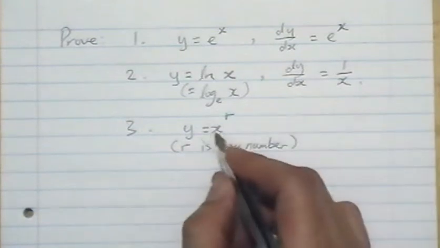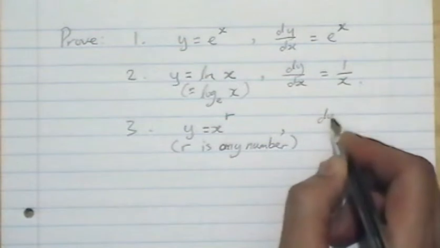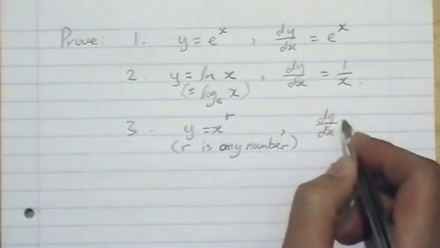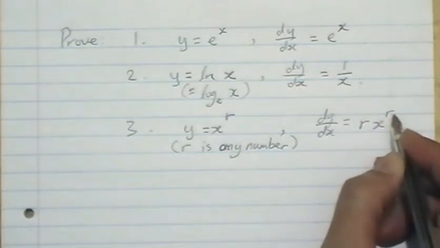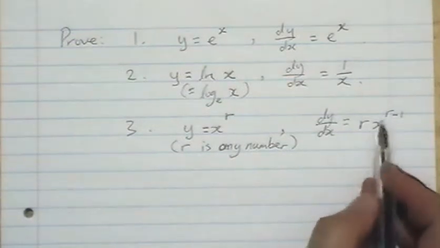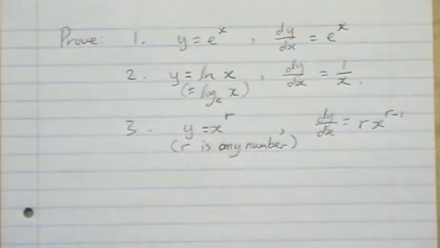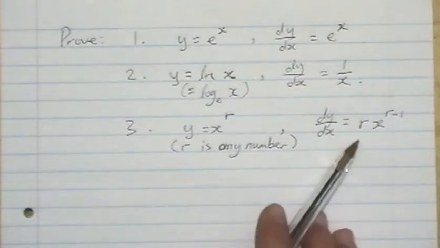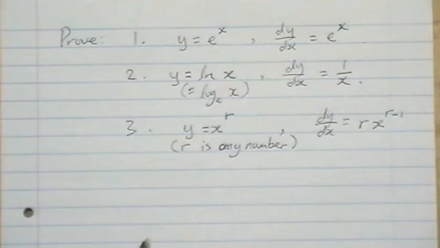If y equals x to the power of r, then dy/dx is the familiar r x to the power of r minus 1. So this is the formula for differentiating powers of x, and we'll show how we can actually prove this quite easily once we can do 1 and 2.